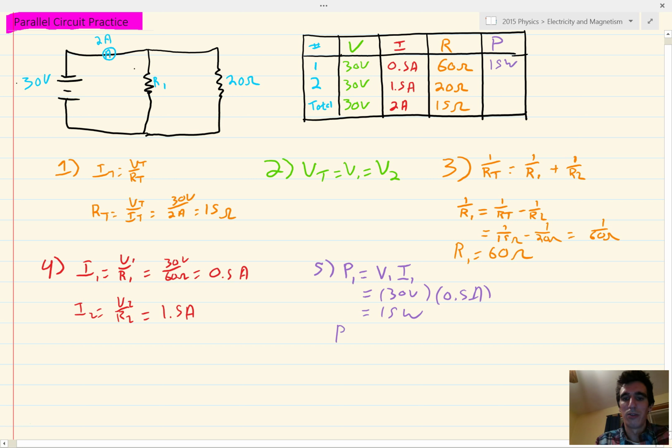And if we do P2, that's V2 times I2, which in this case is 30 times 1.5, which gives us 45 watts. And P total is V total times I total. 30 volts times 2 amps gives us 60 watts.